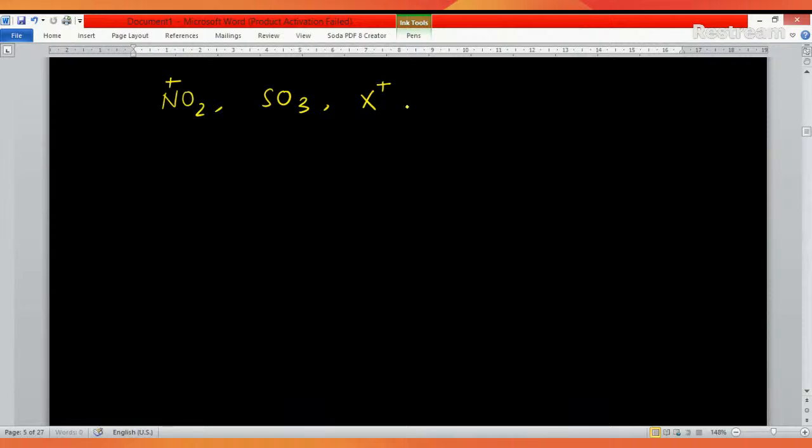Electrophiles are listed here. This is the nitro group NO2 plus, and the sulfur trioxide sulfonation we were seeing. The halogenation we were seeing. In halogenation, there are two types, chlorination and bromination. Now we are discussing the introduction of an alkyl group like CH3 plus with the help of Friedel-Crafts alkylation reaction.